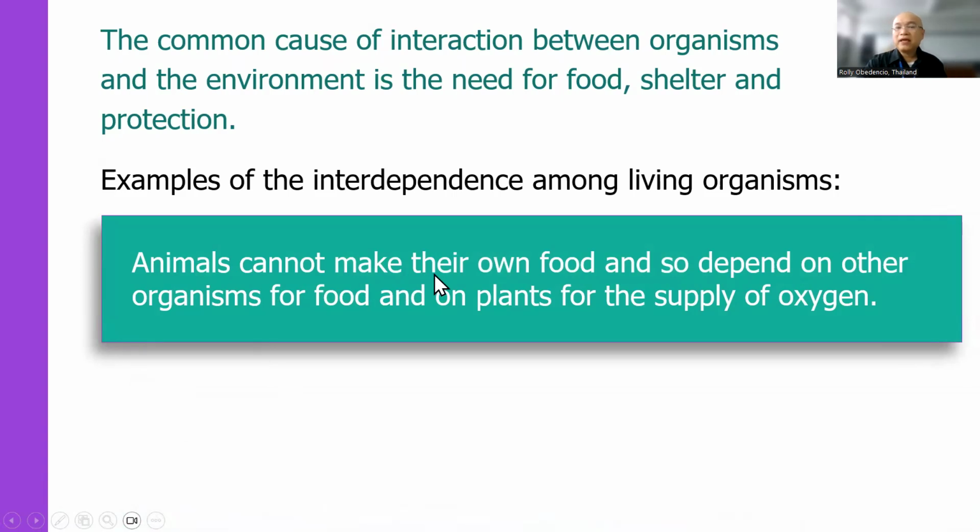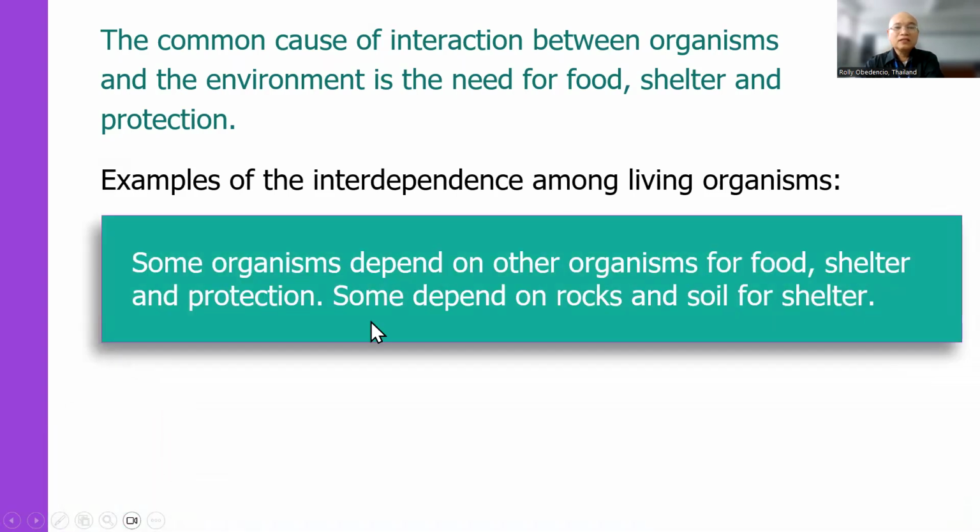Animals cannot make their own food and so depend on other organisms for food and on plants for the supply of oxygen. Some organisms depend on other organisms for food, shelter, and protection. Some depend on rocks and soil for shelter.